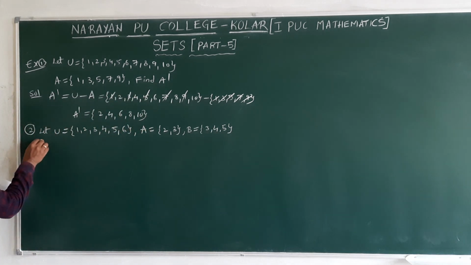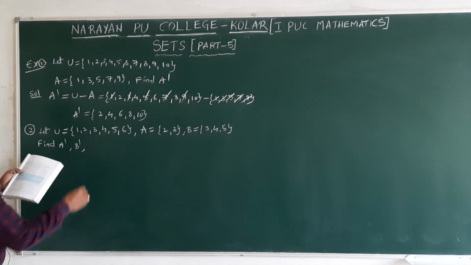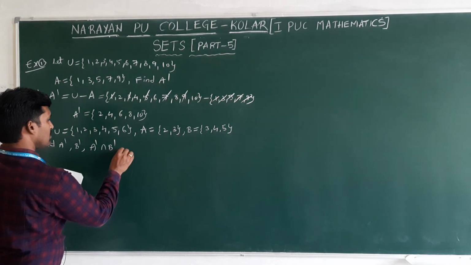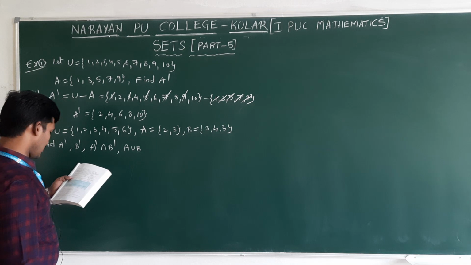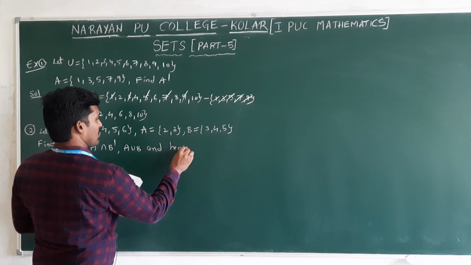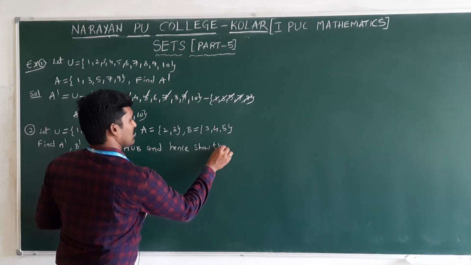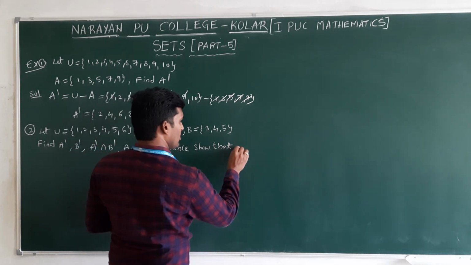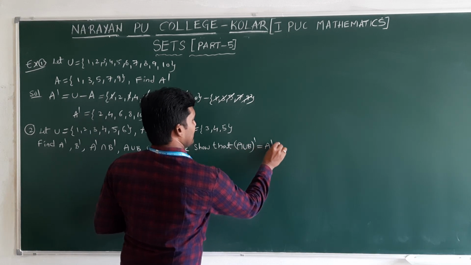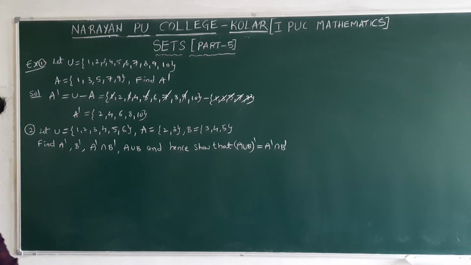Find A dash, B dash, A dash intersection B dash, A union B, and hence show that A union B whole dash equal to A dash intersection B dash. This problem is only for understanding purpose. These are the required values we need to find out.